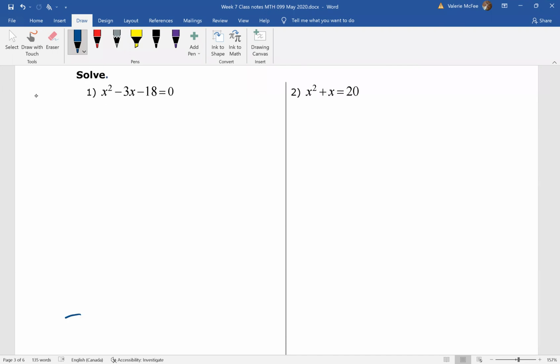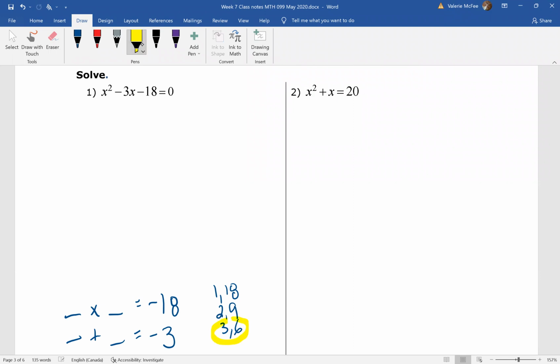We want two numbers that multiply to equal a times c, that's negative 18, and add to equal b. We can list our factors of a times c. We see that we're going to use the 3 and the 6.